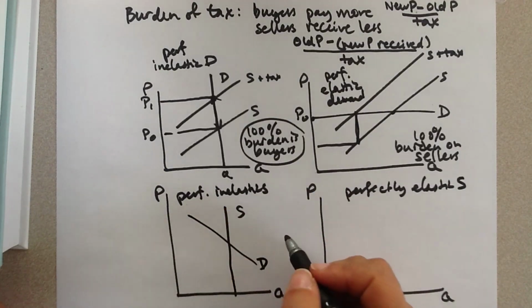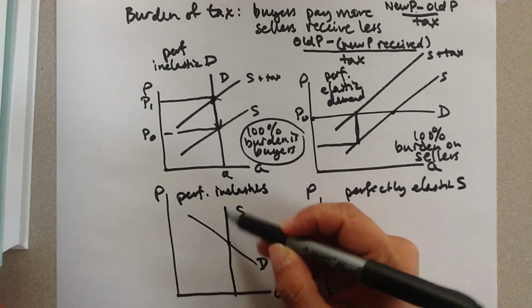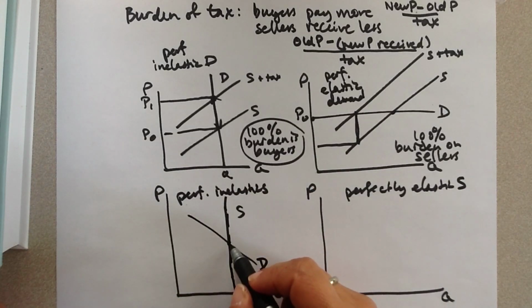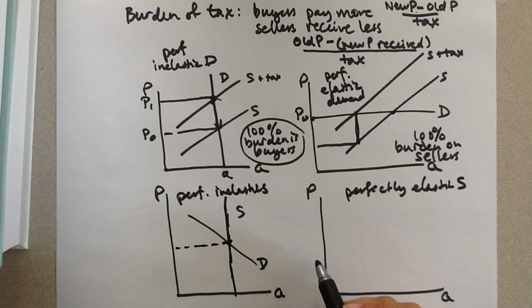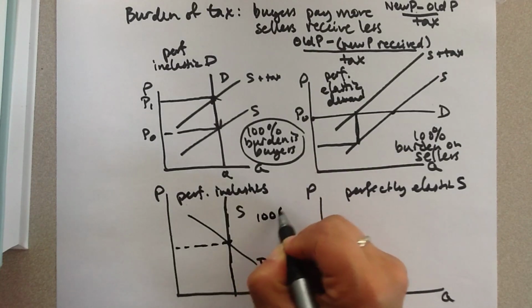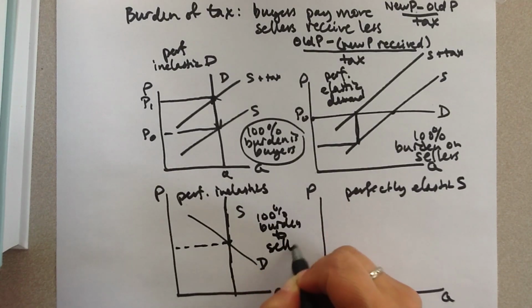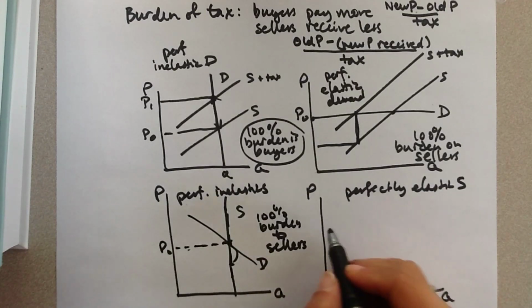When we shift that supply curve up, it looks the same, like it's right on top of the old one, and so the price doesn't change. Okay, so it's 100% burden to the sellers, sorry. The price the buyers pay doesn't change, and the sellers collect it and have to take out the tax, and they are getting less than before by the amount of the tax.